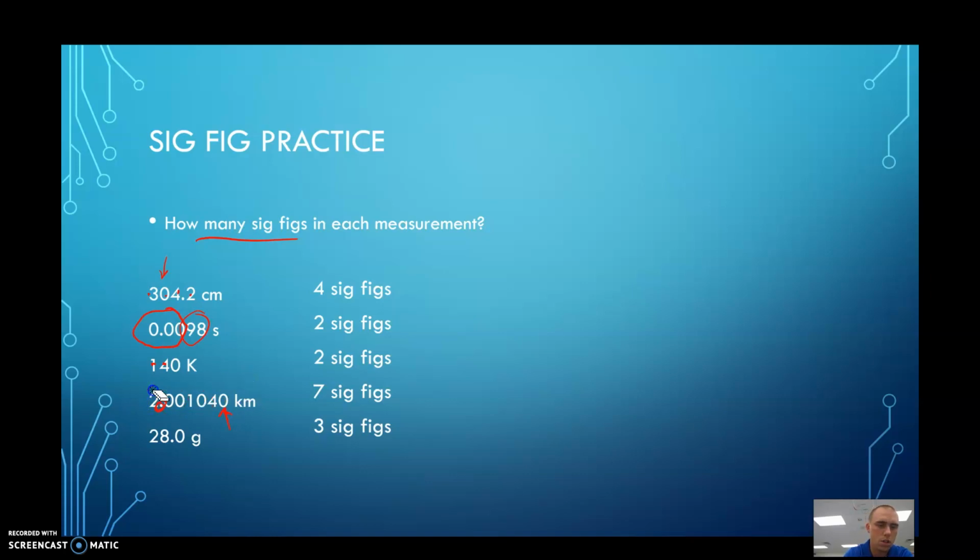Okay, so when I look at all that, I have 1, 2, 3, 4, 5, 6, 7 significant figures. Here's another trailing 0. There's a decimal point, so it counts. I have 1, 2, 3 sig figs.